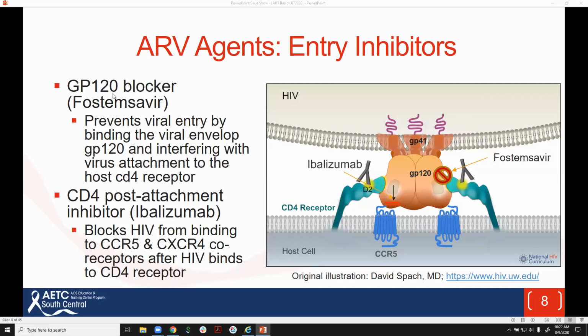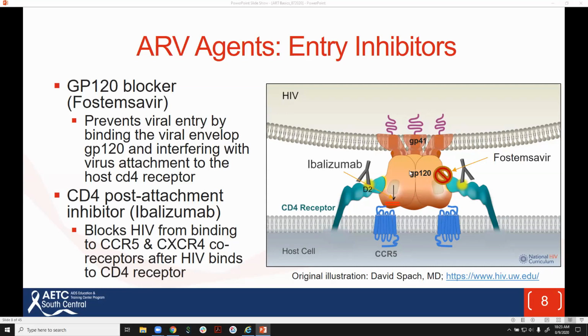So let's go through the entry inhibitors. I first talked about, here's HIV on top, and the host CD4 is on the bottom, and this is an activated CD4 because HIV can only infect activated T cells. And if we look on the HIV, we have GP41 proteins and the GP120.